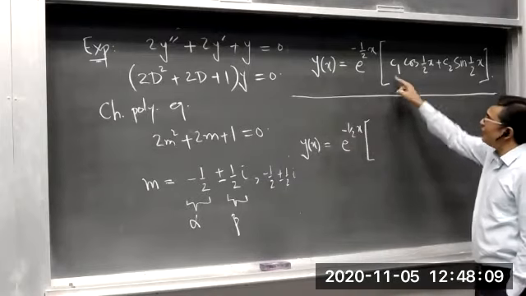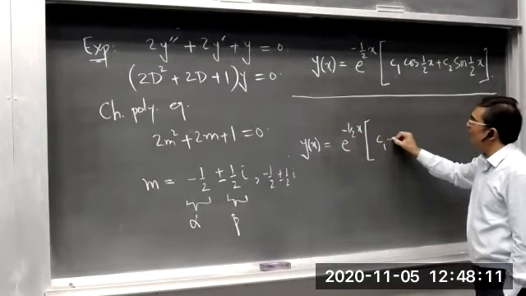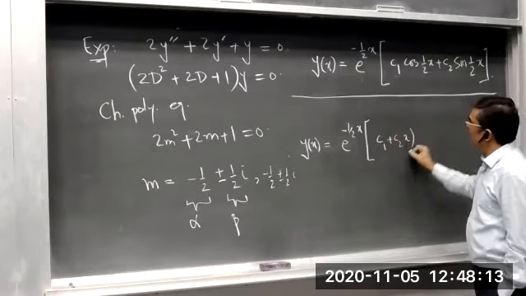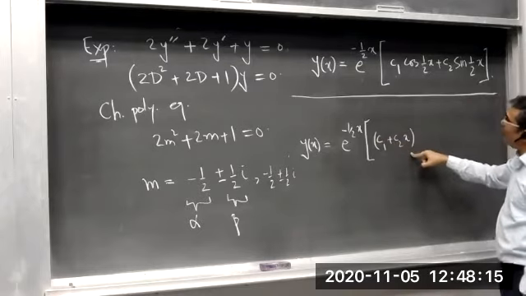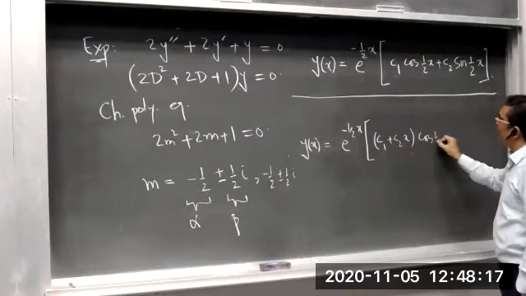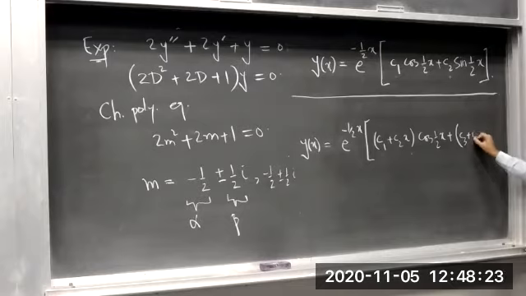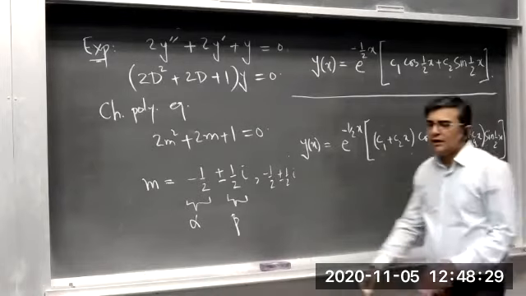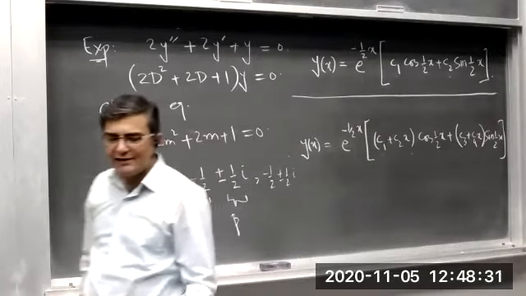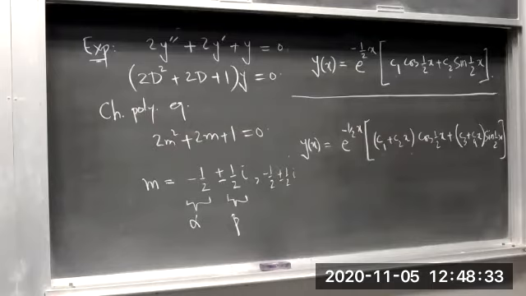In that case, you have to write here C1 plus C2x. You add a polynomial of degree 1 here with cosine of 1 by 2x. And again, you add another polynomial of degree 1, C3 plus C4x times sine 1 by 2x. So this is how we can generalize the general solution when the complex roots are repeated.